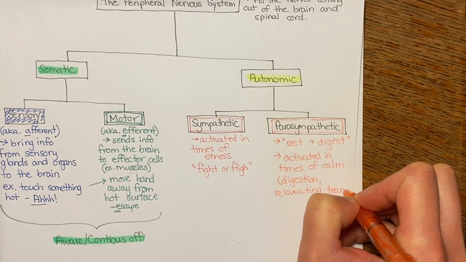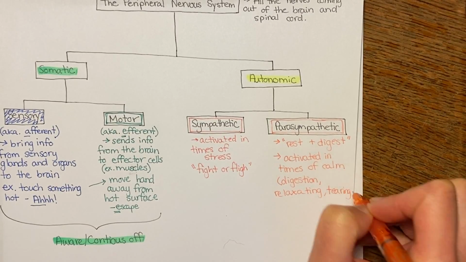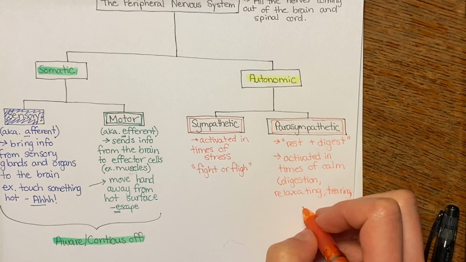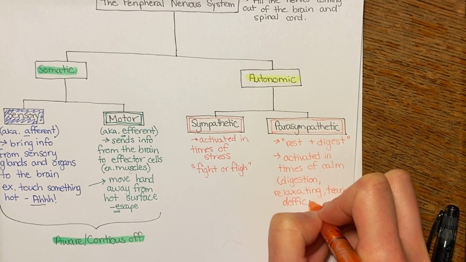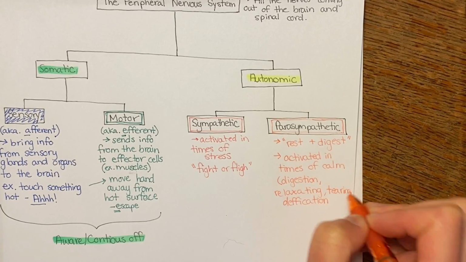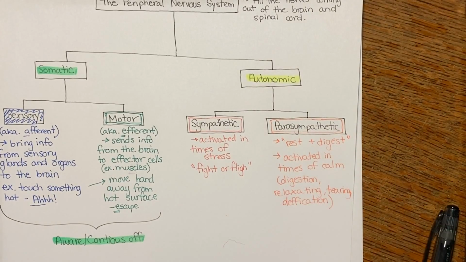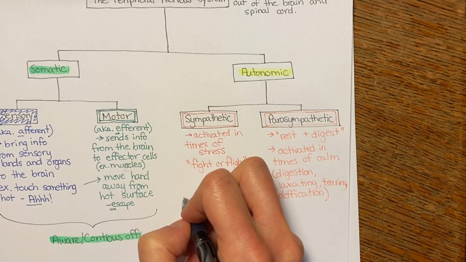Your tear ducts are controlled by your parasympathetic peripheral nervous system, defecation, things like that.